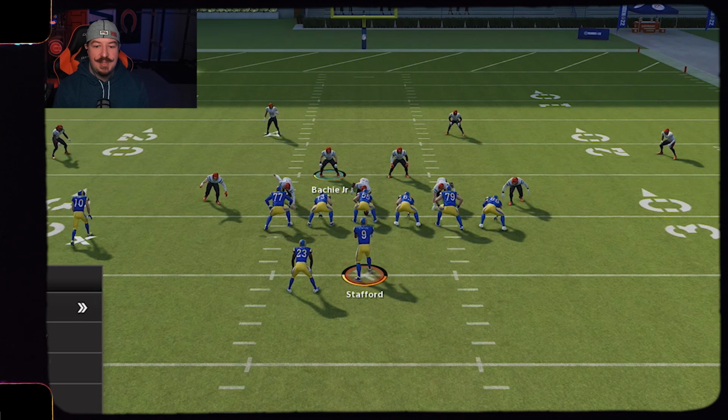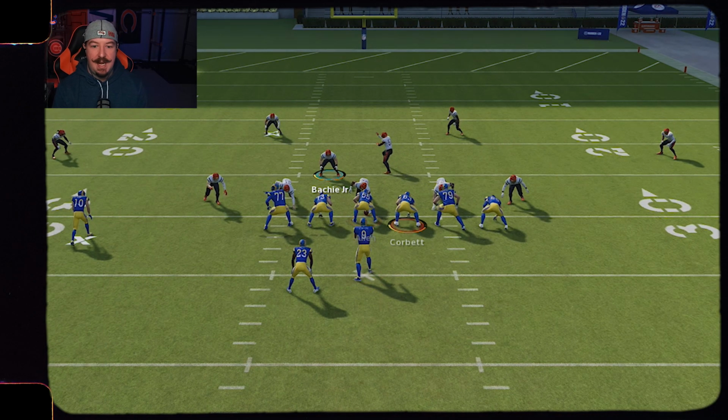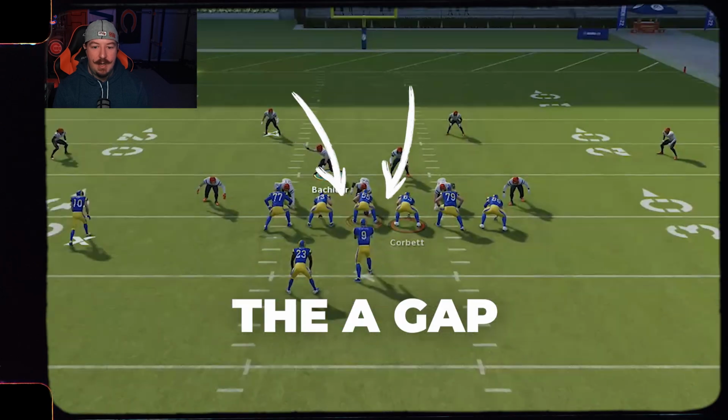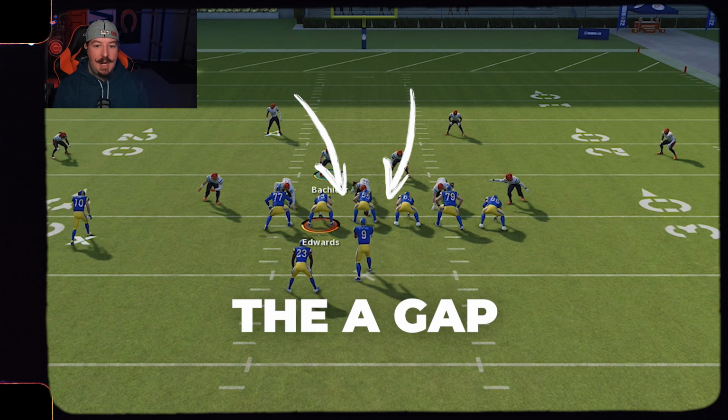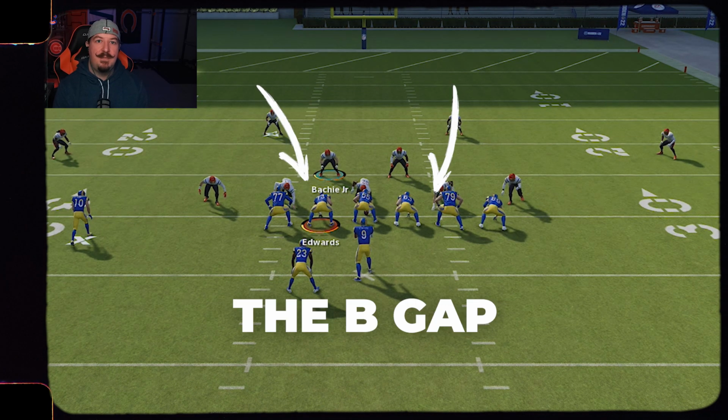These are basically the spaces that exist between offensive linemen. So if I were to go ahead and talk about the area that is between a center and a guard on either side of the center, those gaps are known as the A gaps. If we were to go to the outside of the offensive guards to the area in between the guard and the tackle, this area on both sides is referred to as the B gap.